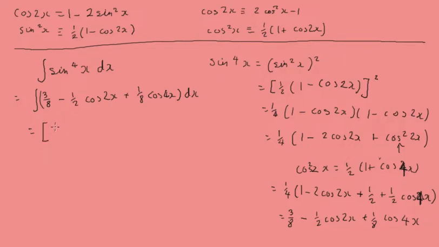So this will give us 3/8 x minus, this stays minus, so the 2 here becomes a half times this half is a quarter, sine 2x, and this will be plus, so we're going to have a 1 over 4 divided by 8, which is 1/32, not cos, sine 4x plus c. Always remember the c.